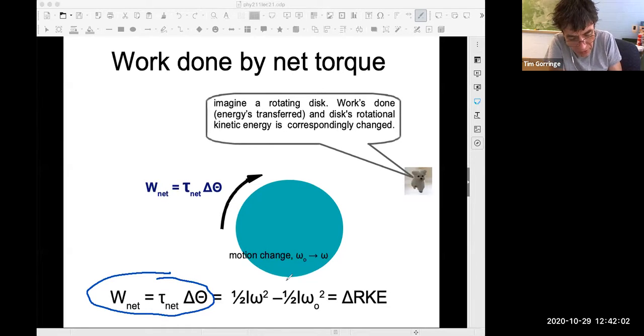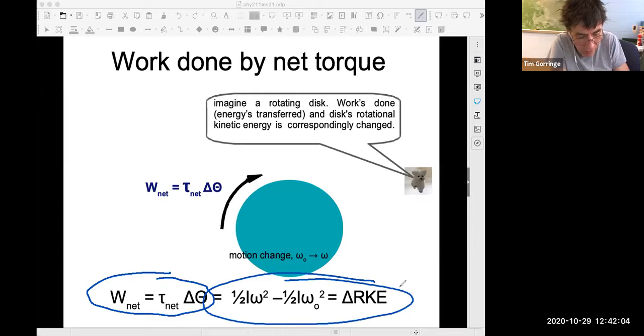Over on the right-hand side, that energy that gets transferred correspondingly changes the rotational kinetic energy of the object. And here's the change in rotational kinetic energy. That change is the difference between the final kinetic energy and the initial kinetic energy. And these equations are how we see rotational kinetic energy in the rotating motion of a rigid body.